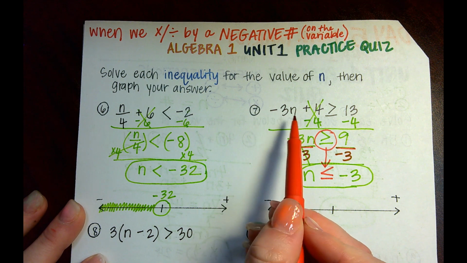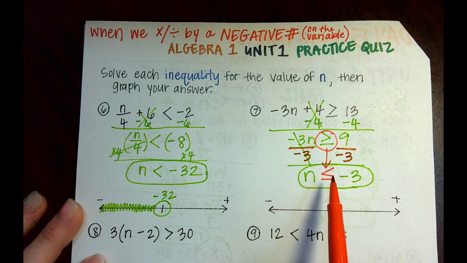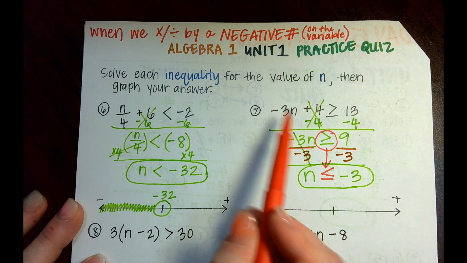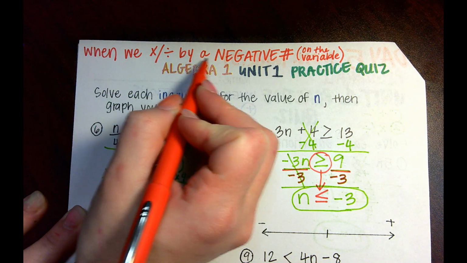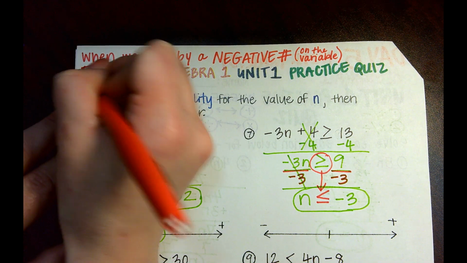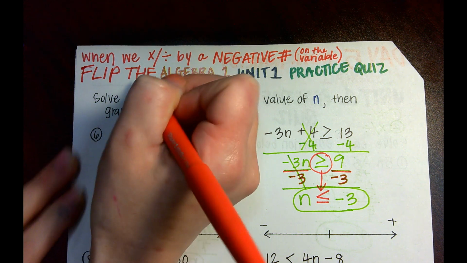If negative n is greater than 3, positive n is less than negative 3. So we need to flip the sign when our variable changes. So when we multiply or divide by a negative number on the variable, flip the symbol or flip the sign.